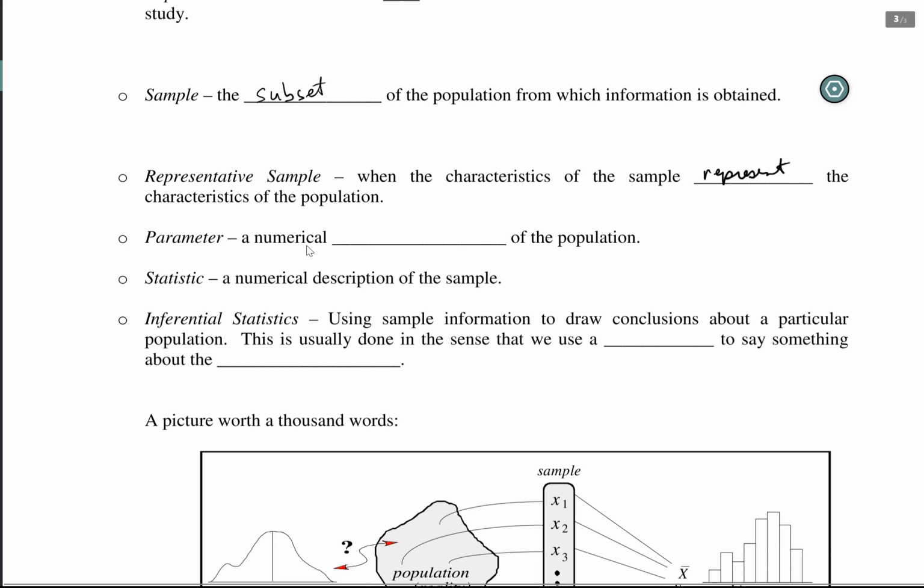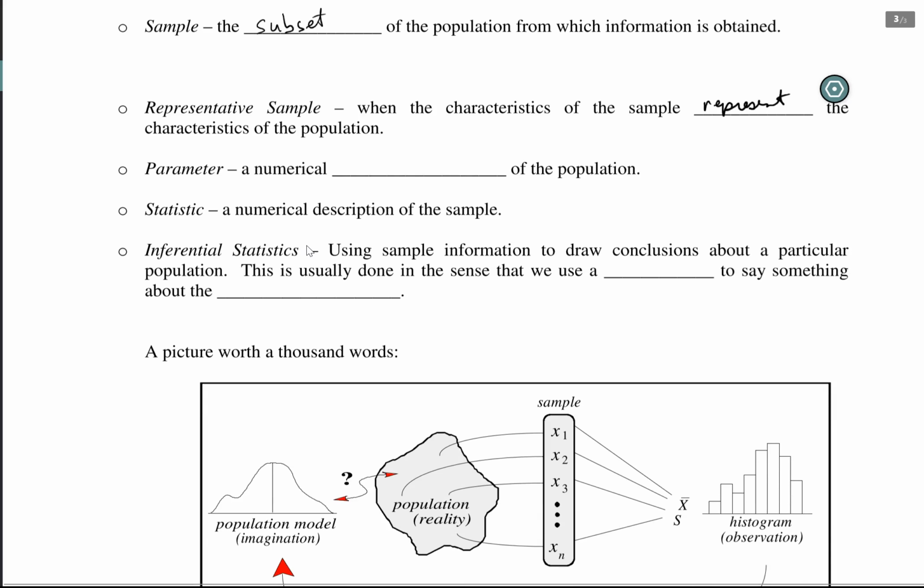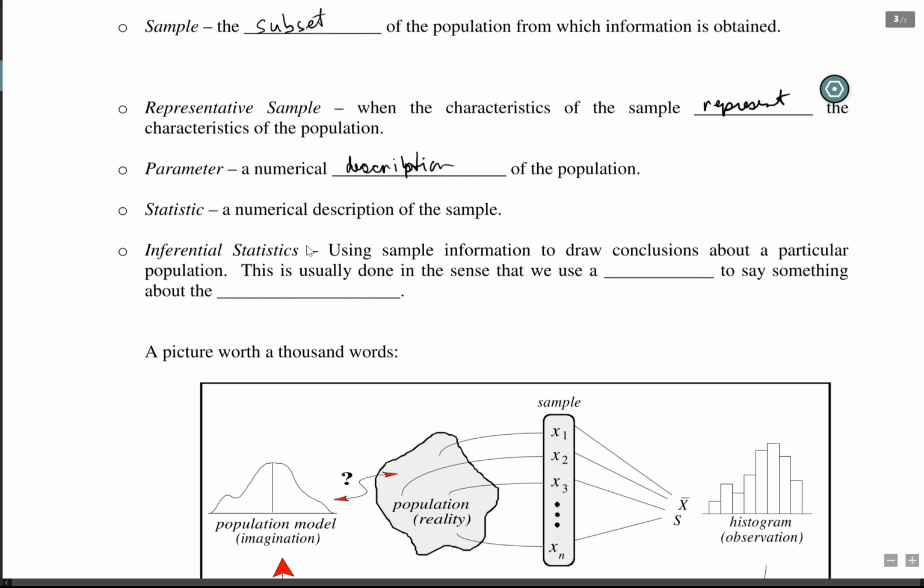Next term here is a parameter. A parameter is a numerical description of the population. Because a parameter is a numerical description of the population, it tends to be unknown because we don't have the entire population in front of us.